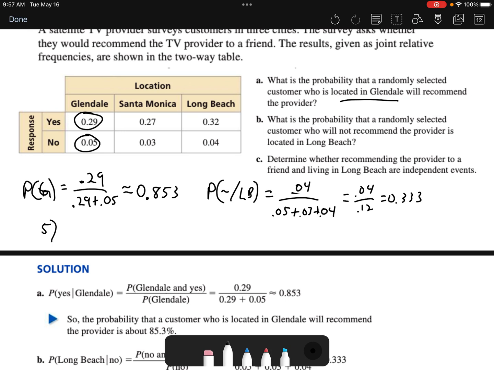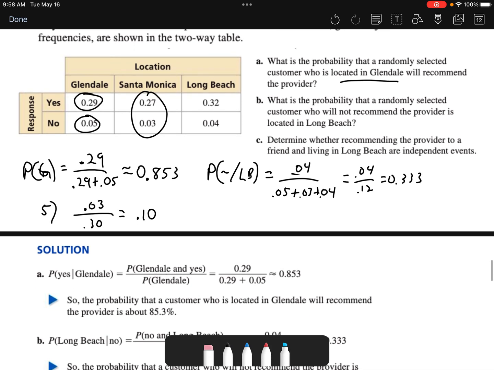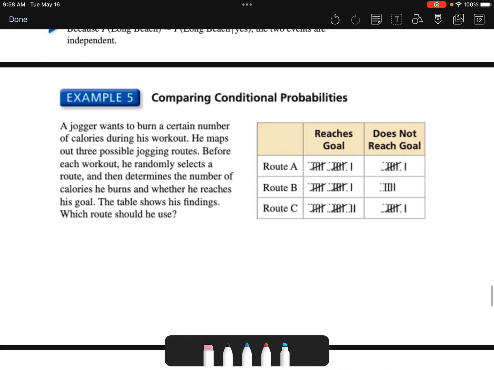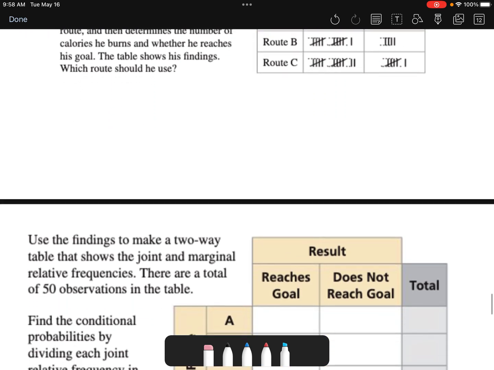Well, Santa Monica no's are 0.03, and the total for Santa Monica is 0.30, which is 0.10. And then again, are these independent events? Sure, because everybody's got their own opinion. Now, will they be swayed? Maybe a little bit, but pretty much that's the way it would be.